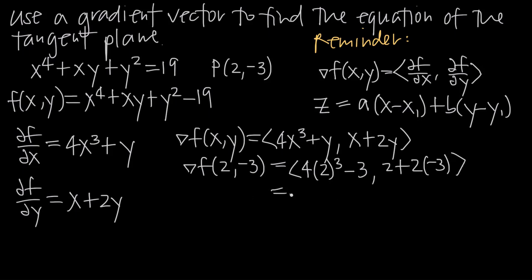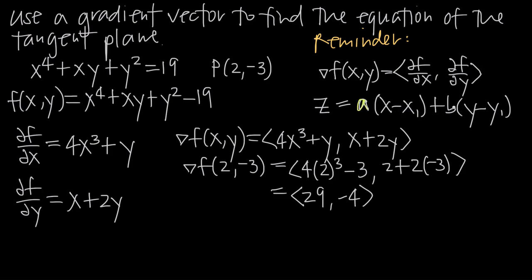And when we simplify, what we get is 8 times 4 is 32, 32 minus 3 is 29, and then here we have 2 times a -3 is a -6, 2 plus a -6 is like 2 minus 6, or -4. So these values then are actually going to represent a and b from the formula for the equation of the tangent plane.